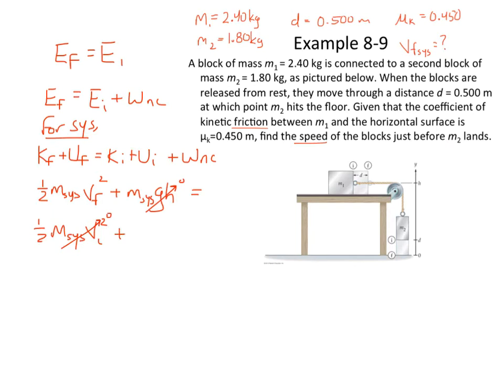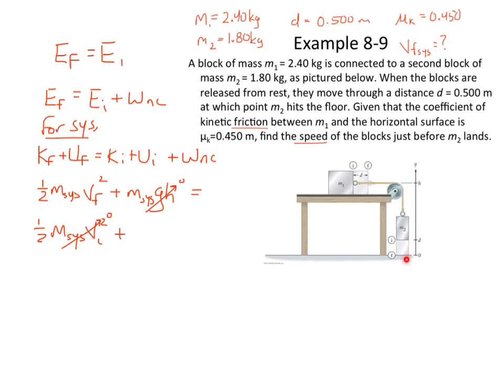All right? And what is the initial potential energy? Well, the initial potential energy is, and here's where we need to be careful, it's the energy of just this falling block. The potential energy of this isn't doing anything to add to the system. Only this is right here. So we're going to say mgh, but we need to be specific.